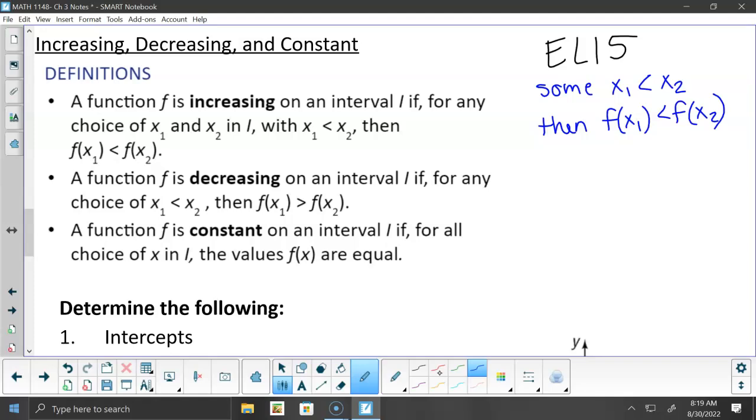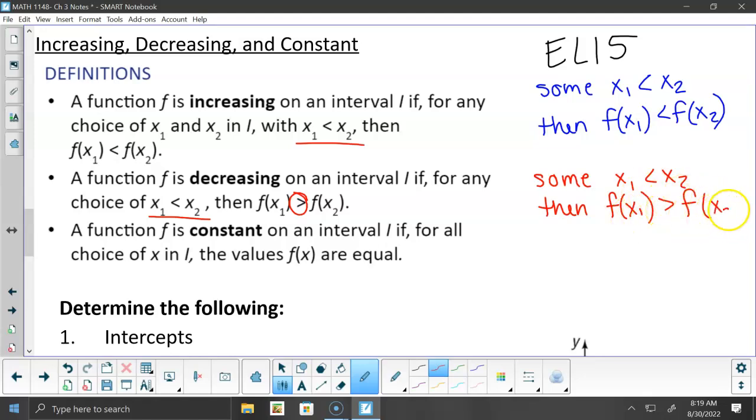I used some of the same notation, I just made it a heck of a lot less scary. Decreasing. If I wanted to rewrite that, if you notice, the x1, x2 is still the same. The only difference now is that change right there. So for some x1 is less than x2, then the y's, f of x1, should be bigger than f of x2.